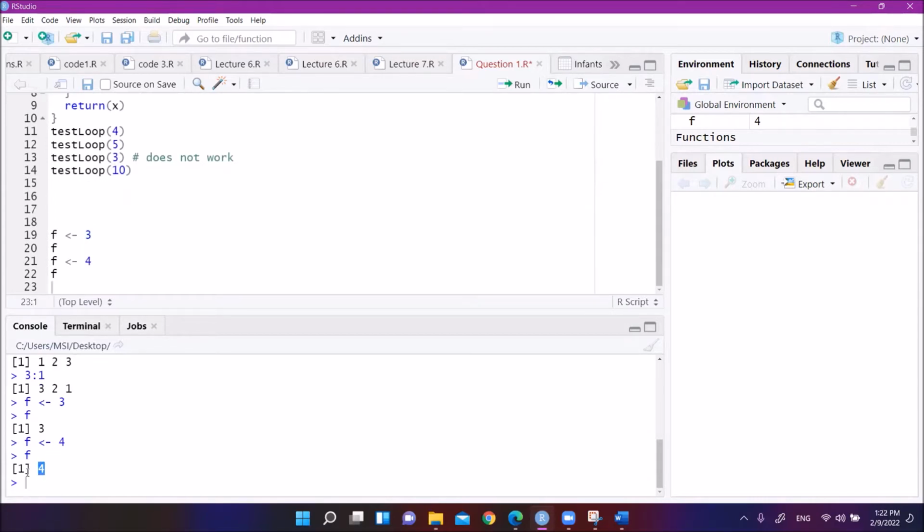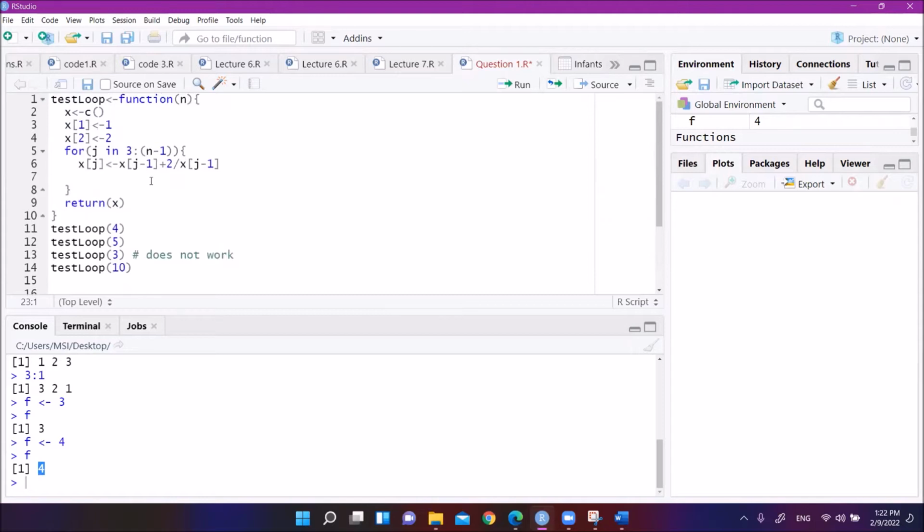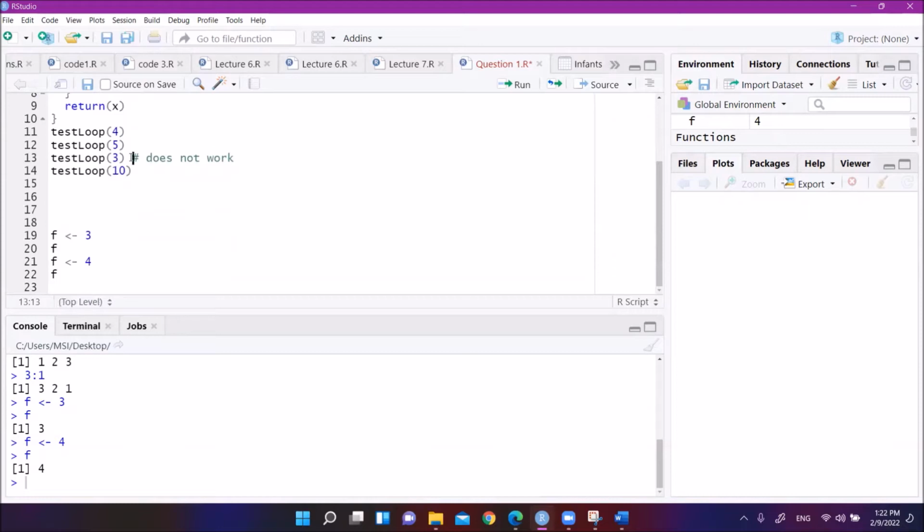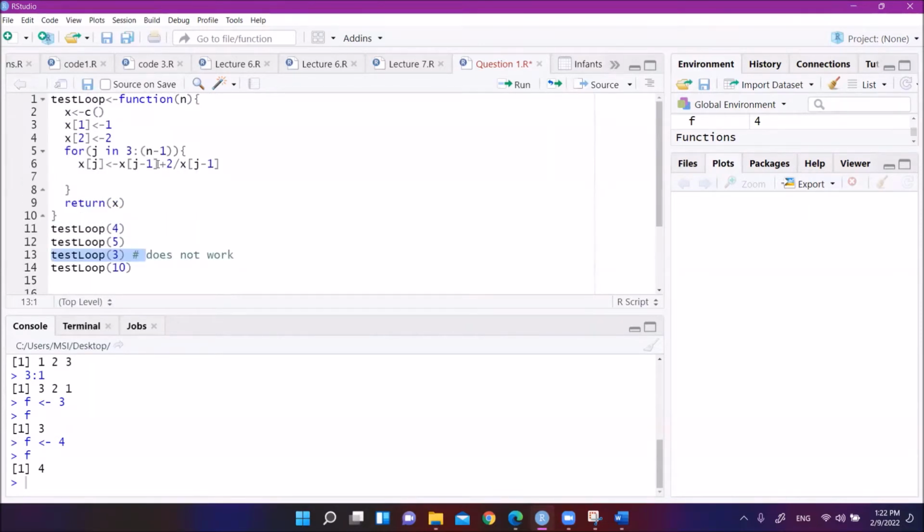So something like that had happened in this code. x2 was initially 2, but after running this code, the value of x2 was updated with 3. So that is why at the end, when it outputs values, it doesn't give the initial value, it gives the updated value when you run this line. That happens only when n is equal to 3.